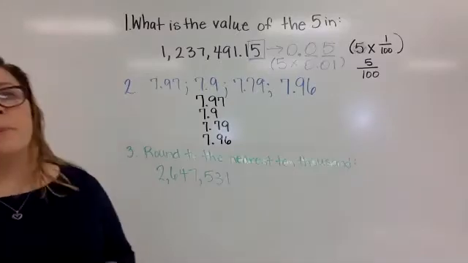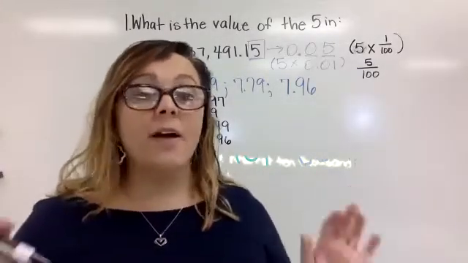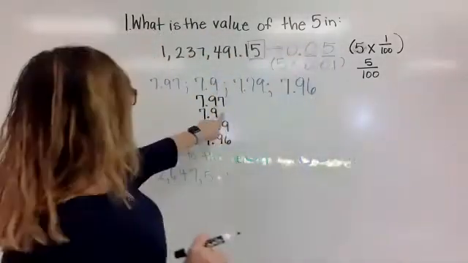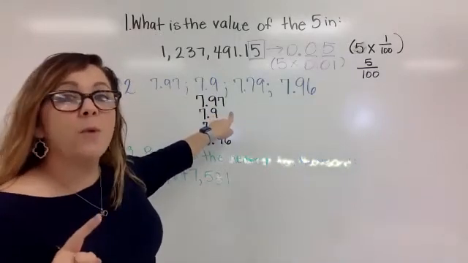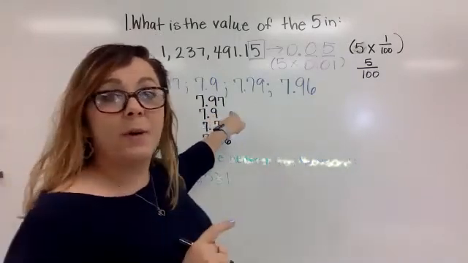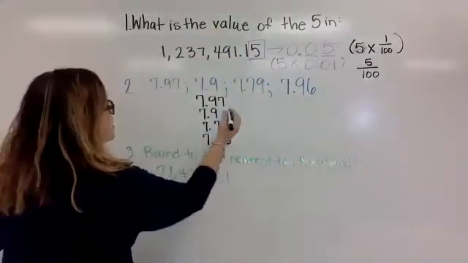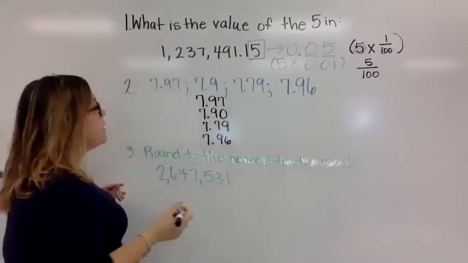Now remember, when we're comparing the value of decimals, we want to make sure that all of our numbers have the same number of digits. So I see here I've got a gap. So I want to fill that gap in. So I'm going to put, show me with your hand, what am I going to put there? Very good. I'm going to put a 0 there. So it did not change the value of that number. It just gave me a placeholder.